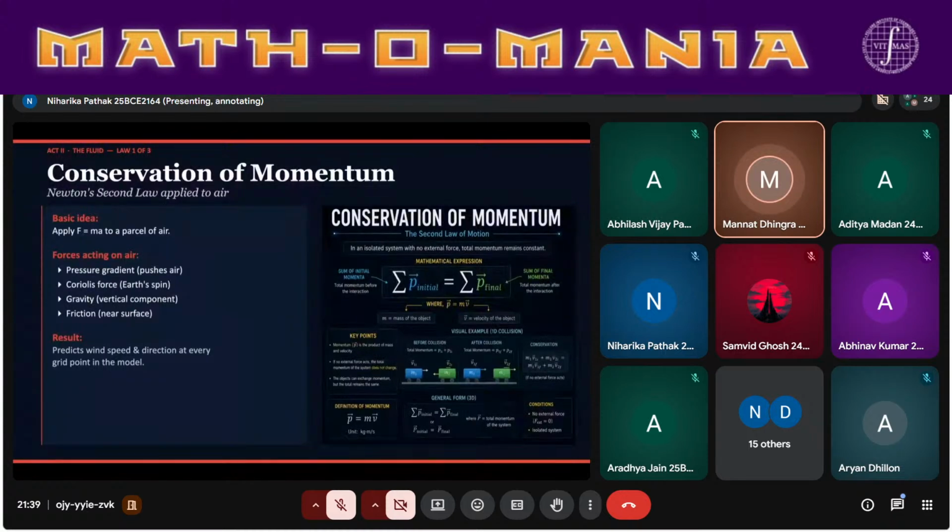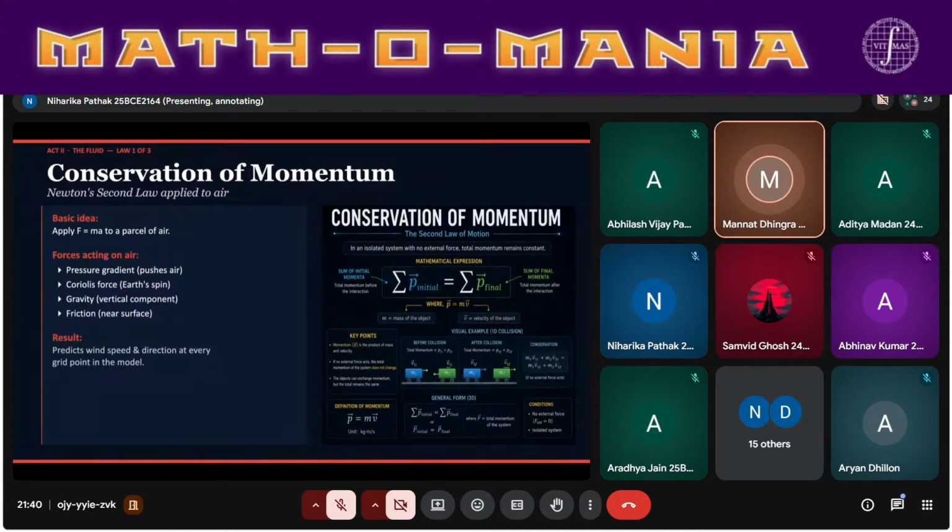And as we know, momentum is mass into velocity vector, right? The points below are something you have learnt in 11th or 12th, I believe. The key points, as I've mentioned, are that momentum is a product of mass and velocity, and if no external force acts, the total momentum of the system will not change.